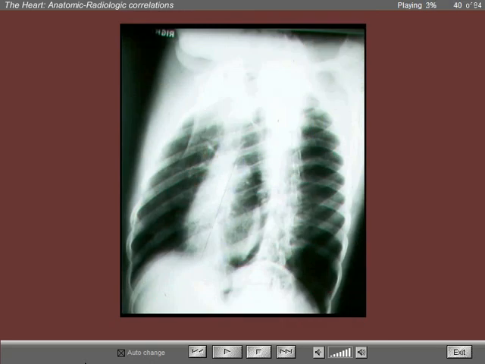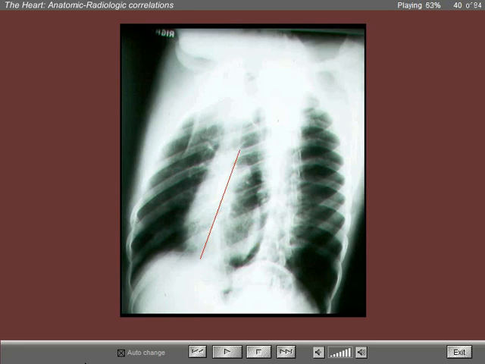This is the appearance of the heart in the left anterior oblique projection. Note that the heart appears small, and this occurs when we rotate the patient 45 degrees. If we extend the anterior wall of the trachea with an imaginary line that reaches the diaphragm, the ventral and dorsal aspects of the heart to this line are about the same.